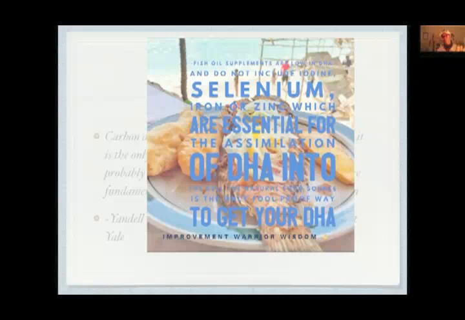It's in the SN2 position. The SN2 position is the only position that will get into your brain, and that's where we can process it the most. Now, if it's not in the SN2 position, it will help your cell membranes, but it won't help your brain. It won't help your nervous system. Okay.